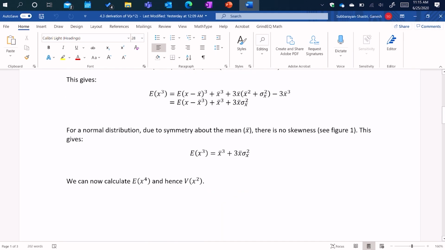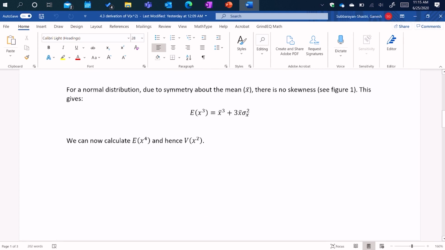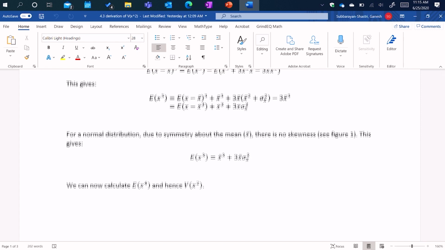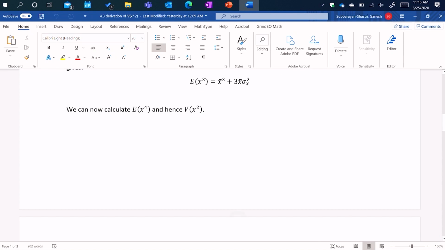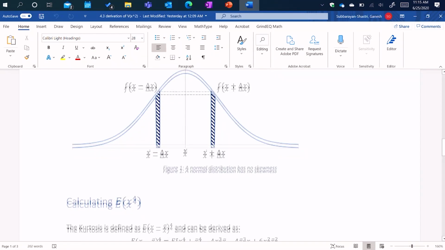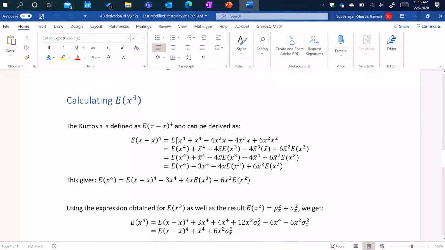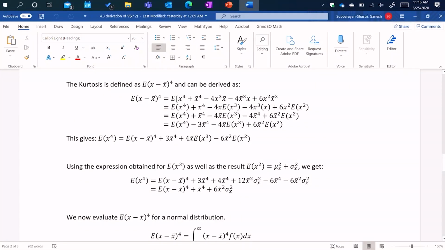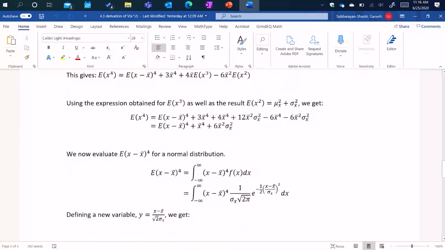So this allows us to write expected value of x cubed. Expected value of (x minus x bar) cubed is the skewness. And similarly, now we can go through and calculate expected value of (x minus x bar) to the power 4.